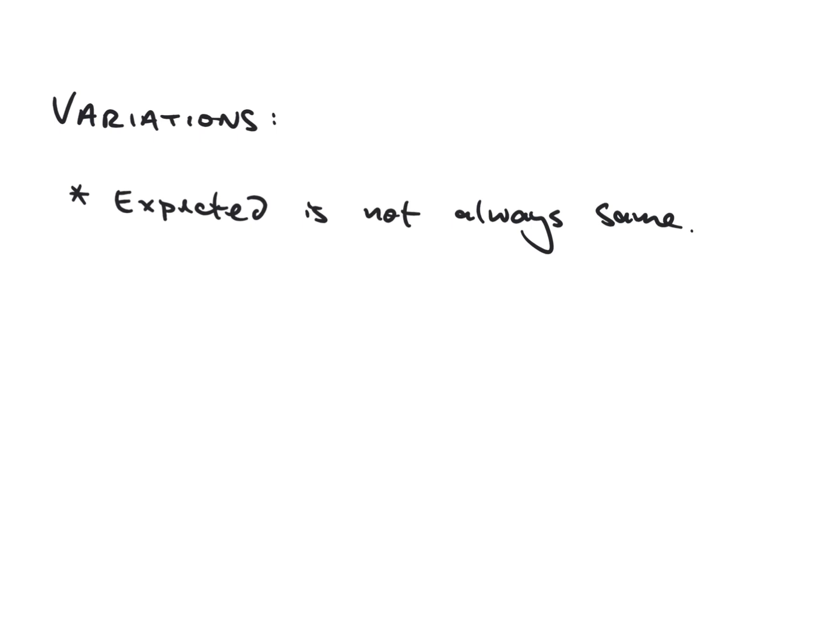We could have tested a hypothesis that candidate A's support was twice as high as the others, and we would do everything the same, except we would have, for the expected number in candidate A's category, twice as many as any other category. So expected does not need to be the same. However, often that is the hypothesis we're interested in testing, whether the expected numbers in the categories are equal. So anything is possible.